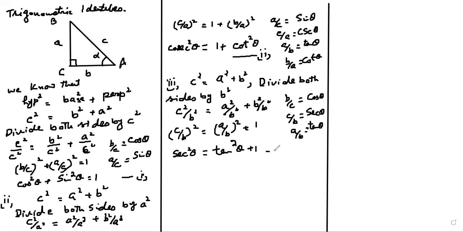So this is our third identity, which is true for every value of theta. If you put in a value, the left hand side will be equal to the right hand side. Right, now one more identity, I'll do it for you.